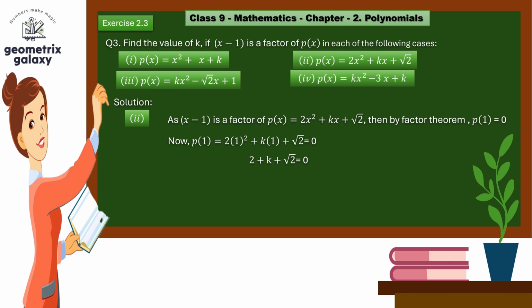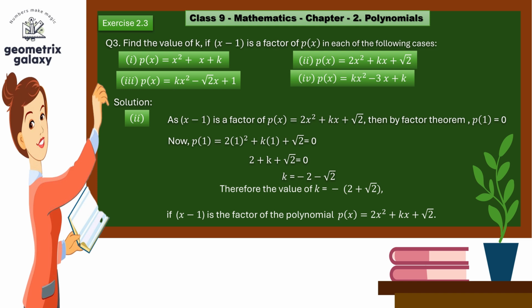Therefore k is equal to minus 2 minus root 2. We can also write the k value as minus of 2 plus root 2. Therefore the value of k is equal to minus of 2 plus root 2 if x minus 1 is the factor of the polynomial p of x is equal to 2x square plus kx plus root 2.